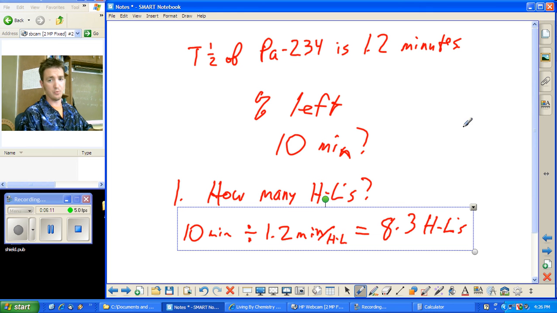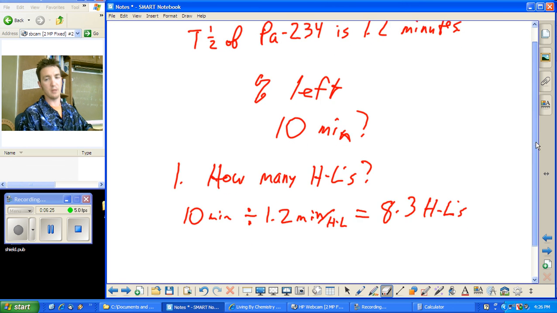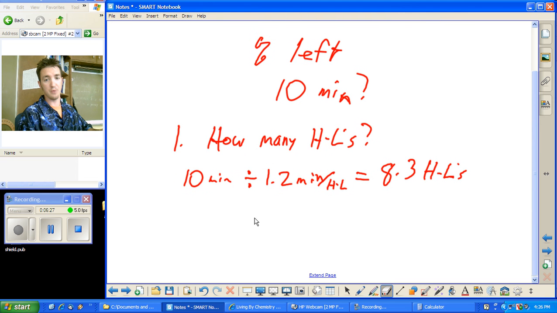Although, if you do the amount left being 1 over 2 to the 8.3, you can actually get an answer. But for us, we can just estimate it, and see what the fraction is once you've done 8 decays. So a half, a fourth, an eighth, 16, 32, 64, and on for a little bit while I pause.